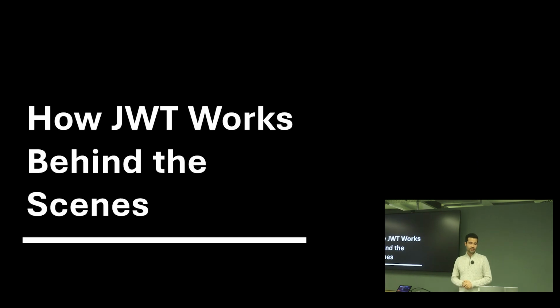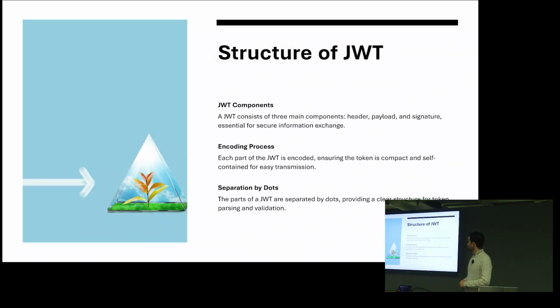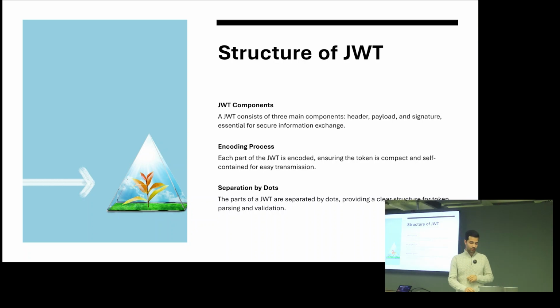The next step is to take a look at the JWT structure. The JWT consists of three main parts: header, payload, and signature. All these parts are encoded and encrypted and are separated by dots.